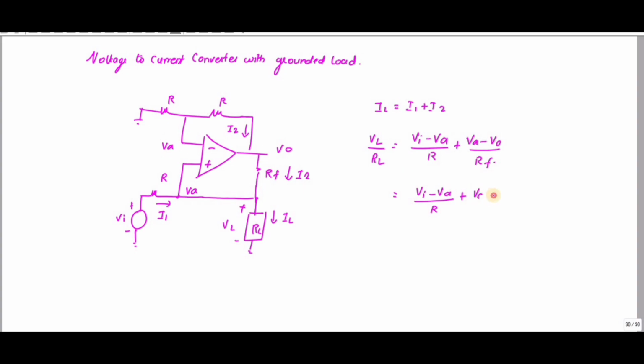So I can write VA minus V0 divided by R. If I solve, I will get VI minus V0 divided by R. What is V0? V0 is equal to 2 times VA, because it is 1 plus R divided by R into VA. So R gets cancelled, and you will get V0 is equal to 2 VA.